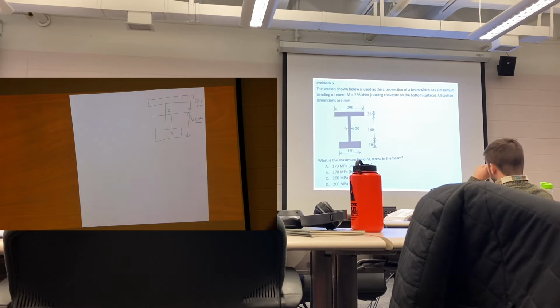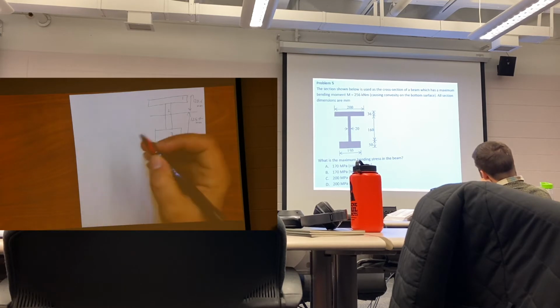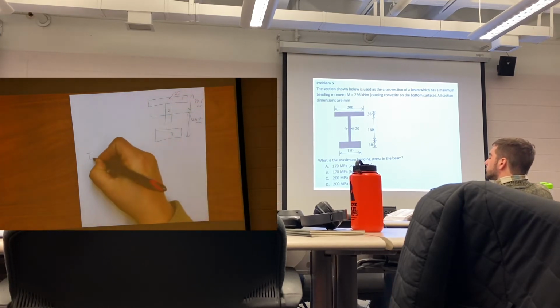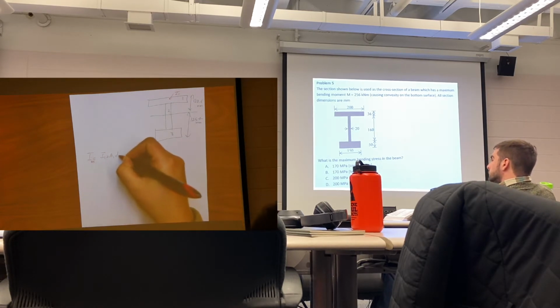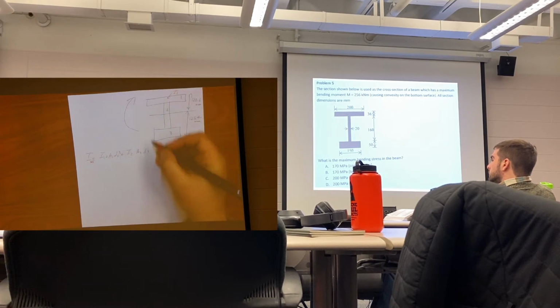Now, if you got the inertia, you're going to get I1 plus A1 T1 squared, plus I2 plus A2 T2 squared, plus I3 plus A3 T3 squared.